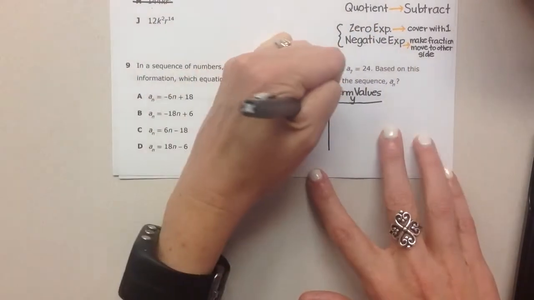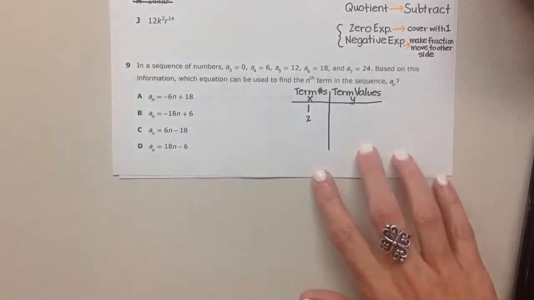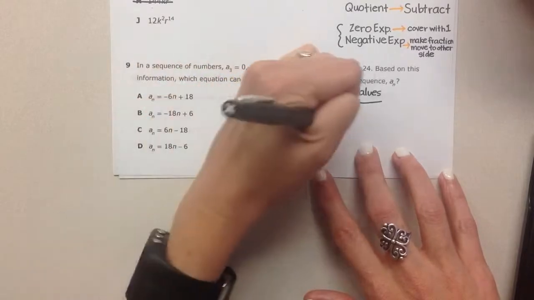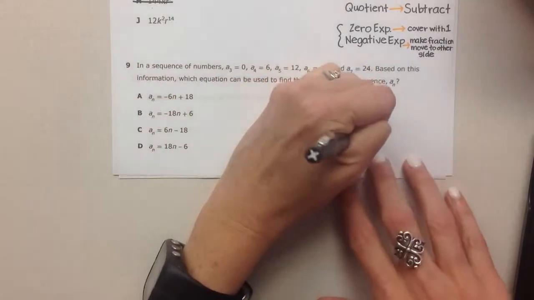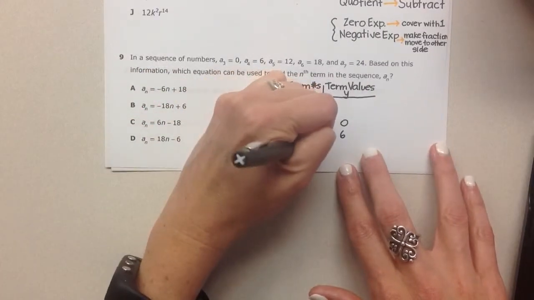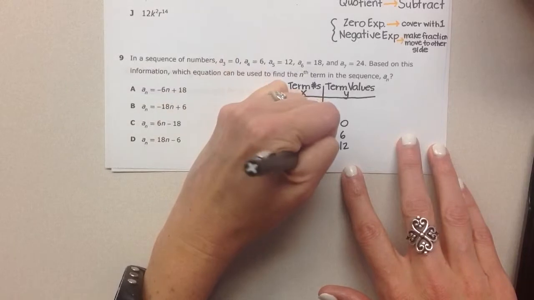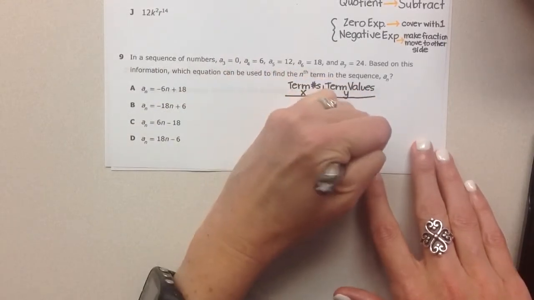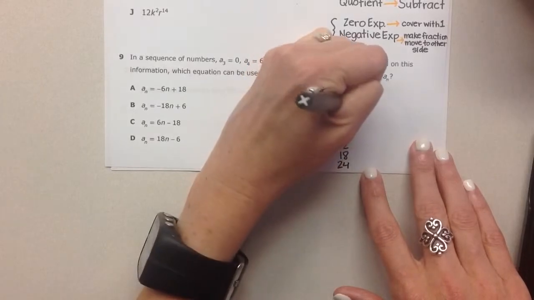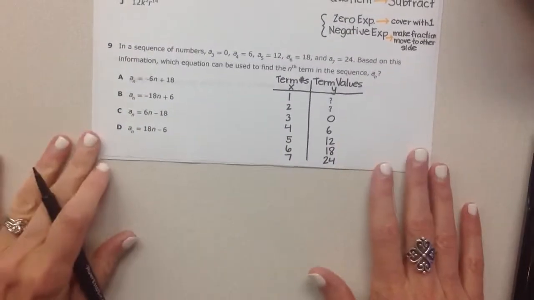Well, I don't know what term 1 and 2 are, but I do know that the third term is 0, the fourth term is 6, the fifth term is 12, the sixth term is 18, and the seventh term is 24. So these right now are just mysteries. They're question marks. So I got to figure those out.